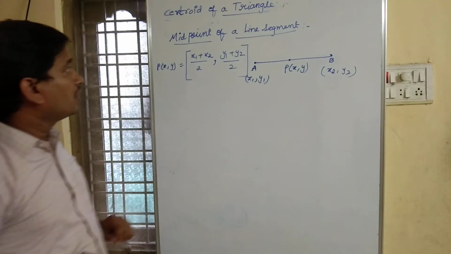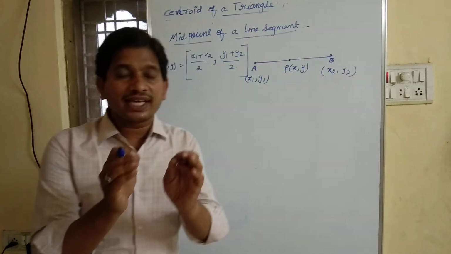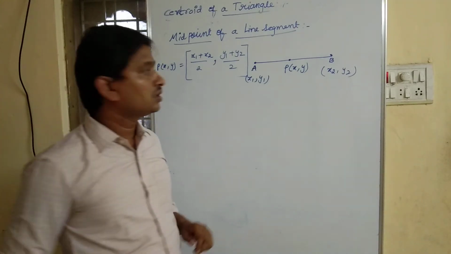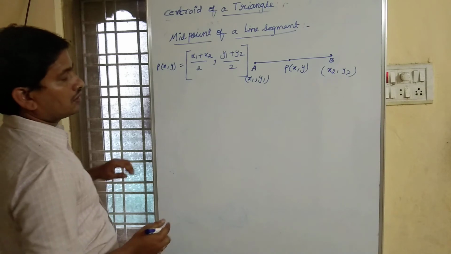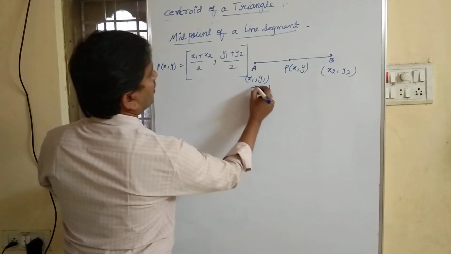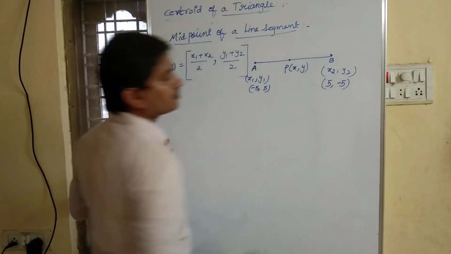For example, the coordinates of point A are (-5, 5) and the coordinates of B are (5, -5).